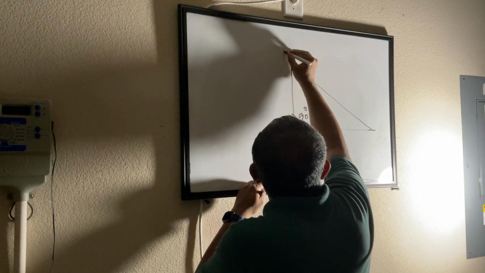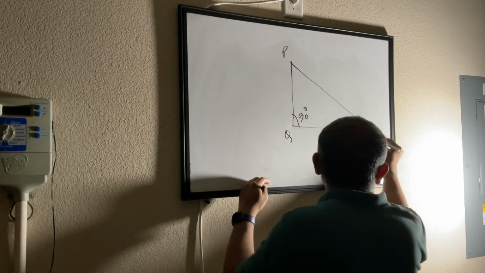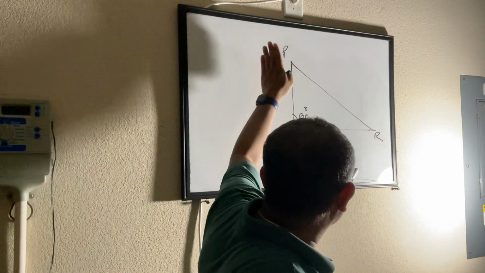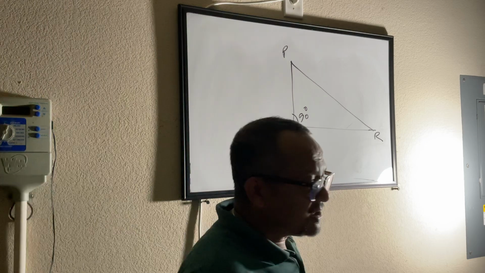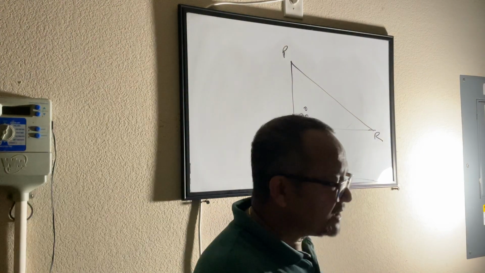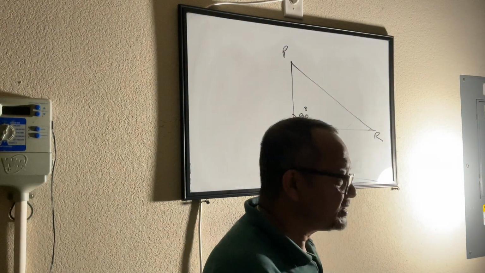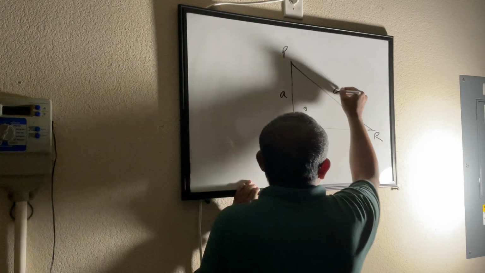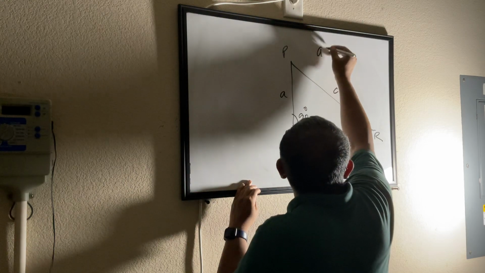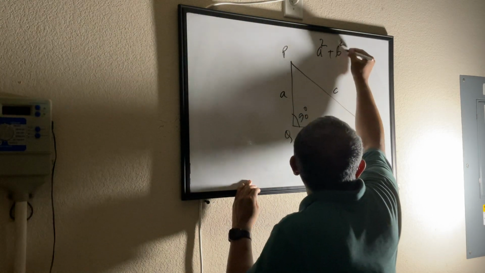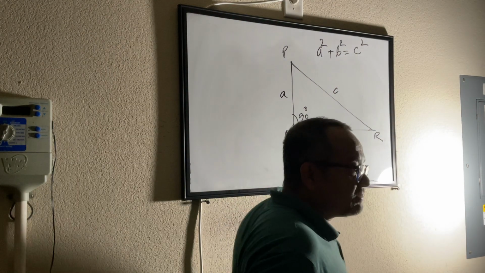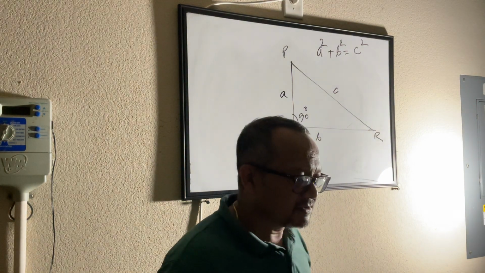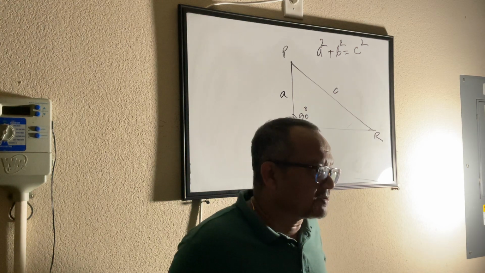Let's say it's P, Q, R. So I have a triangle PQR, which is a right angle triangle. This angle is 90 degrees, this is the hypotenuse. I will call this A, this is B, and this is C. What we have to validate is the correctness of this theorem given by our uncle. Is everybody okay with the problem statement for now?